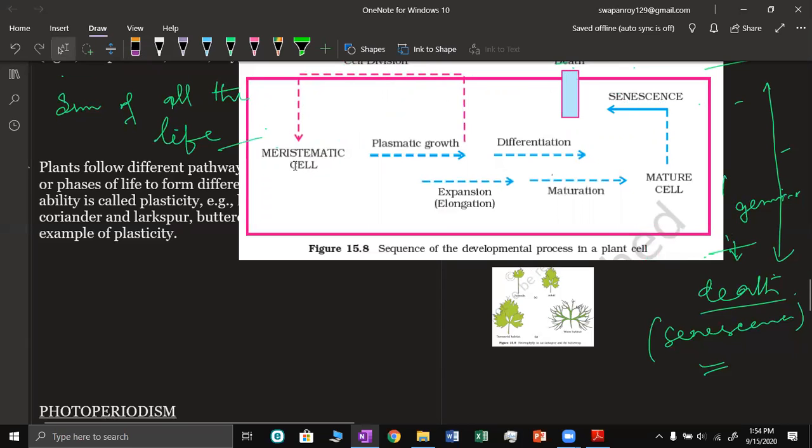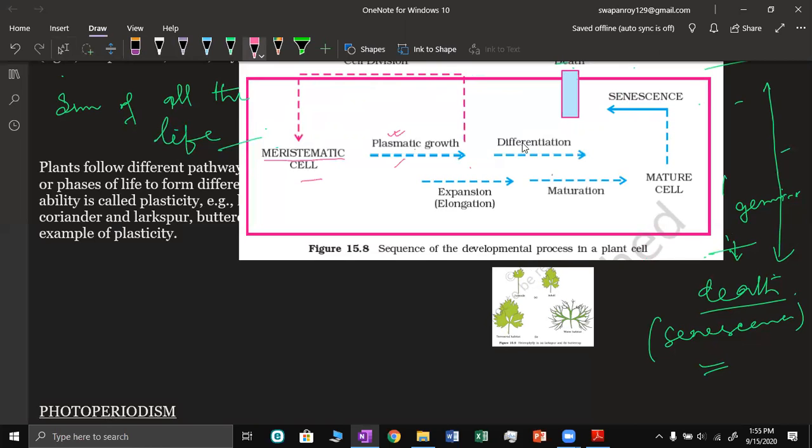See here it is showing the meristematic cell. In these meristematic cells, there is plasmatic growth. Plasmatic growth means our growth is mainly due to the increase in the amount of protoplasm. So the cell increases in volume and new protoplasm is synthesized.